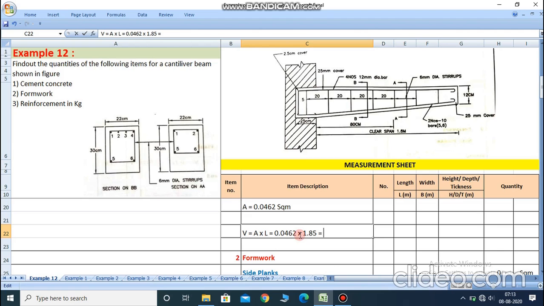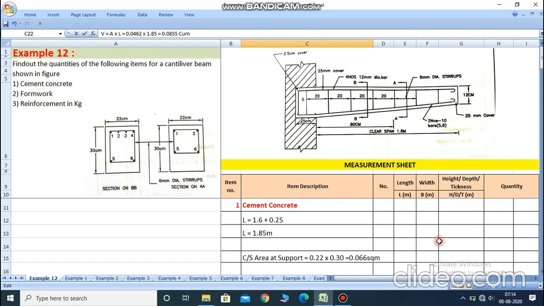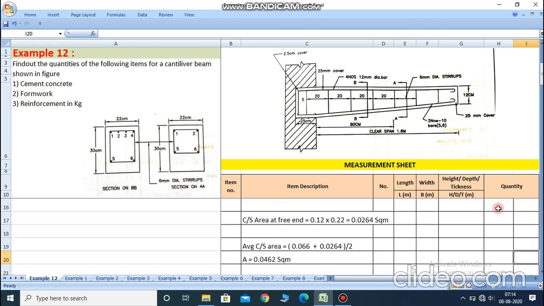We got a total volume of the concrete work of 0.0855 meter cube. So the total quantity of the concrete is 0.0855 meter cube. It's the final answer for the cement concrete work.